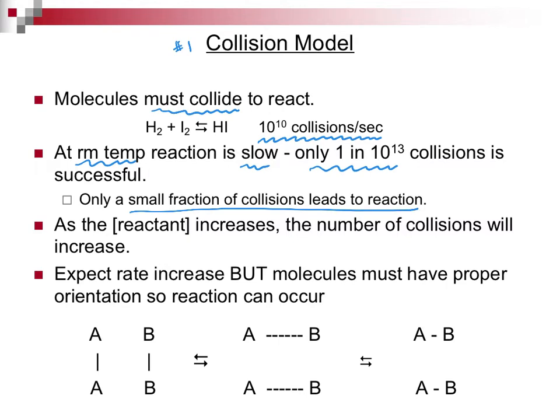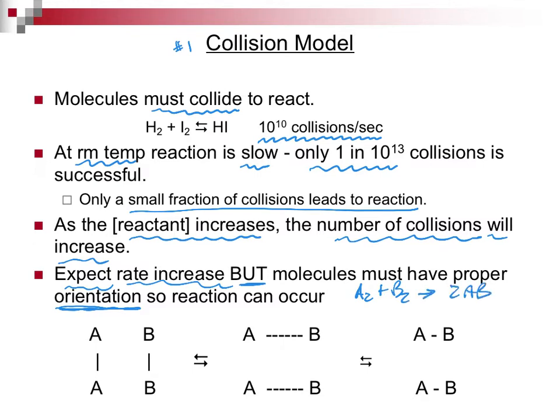Well, why? As you increase the concentration of reactant, of course, the number of collisions will definitely increase. You do expect the rate is also going to increase, but molecules have to have the proper orientation. So if I say A2 plus B2 is going to form 2AB, what's really happening?